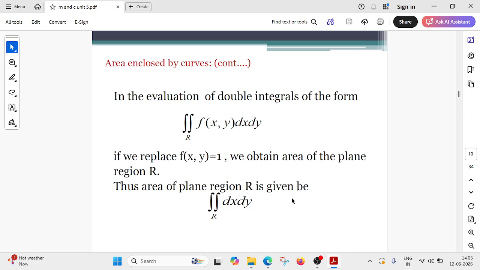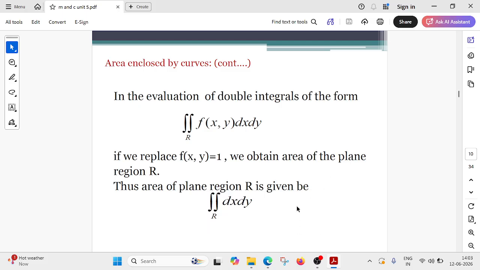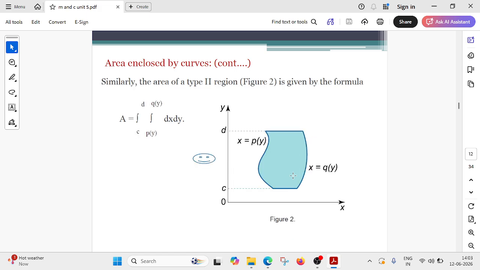Thus, the area of plane region R is given when f of x y equals 1. Now, the area of a type 1 region can be written in this form: a to b, g of x to h of x, so you can get the graph like this. And for type 2, c to d, and then the next function will be like this. You may get it like this also.